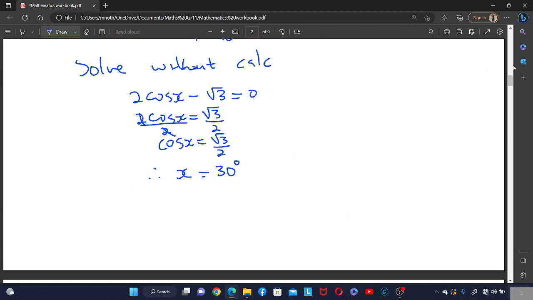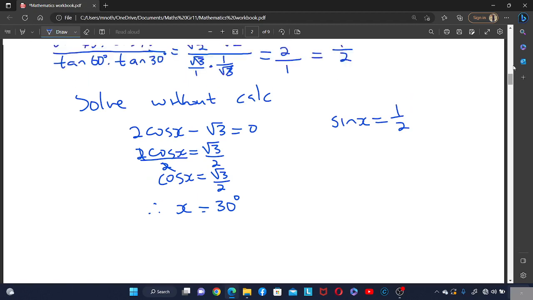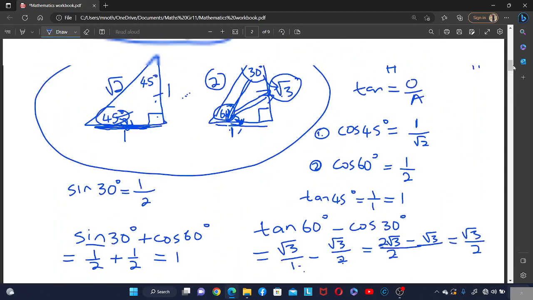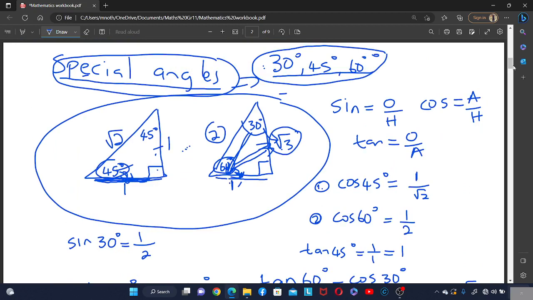Okay, let me do it again so that you see. Let's say you're given sine x is equal to 1 over 2, right? Which special angle gives you 1 over 2?